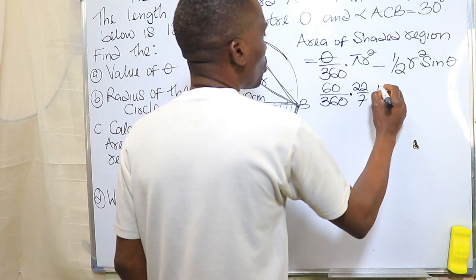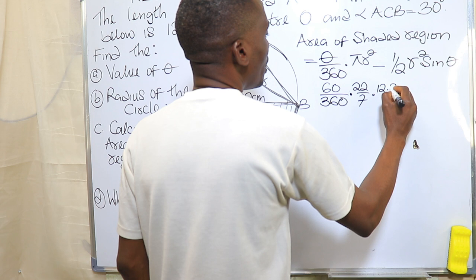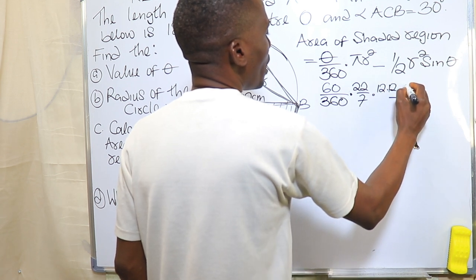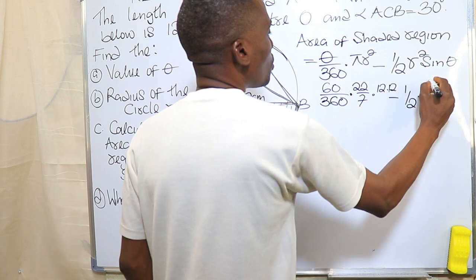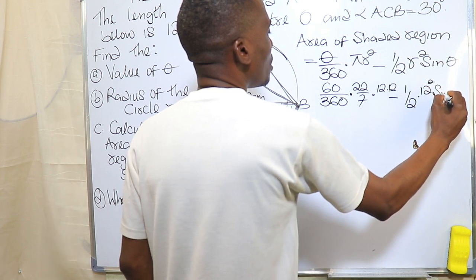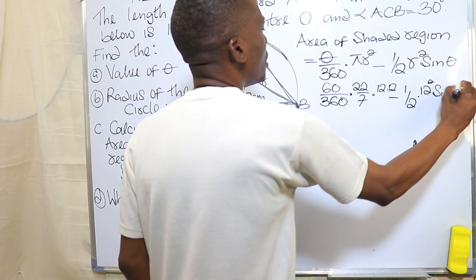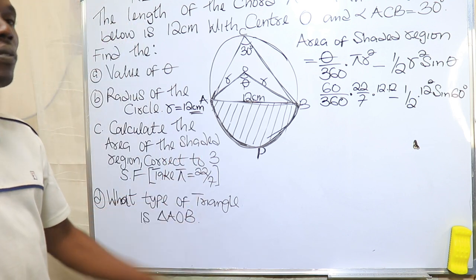So we have 12 multiplied by 12, and this will be minus 1 divided by 2 multiplied by 12 squared sine 60 degrees.